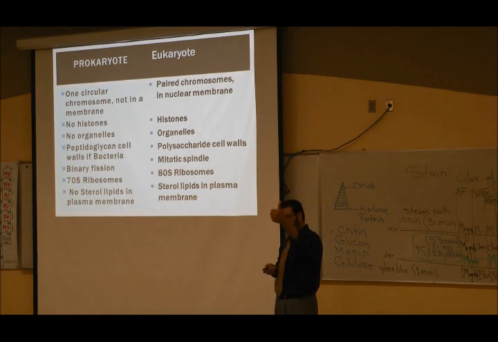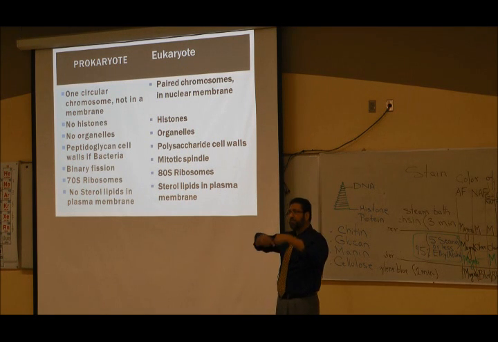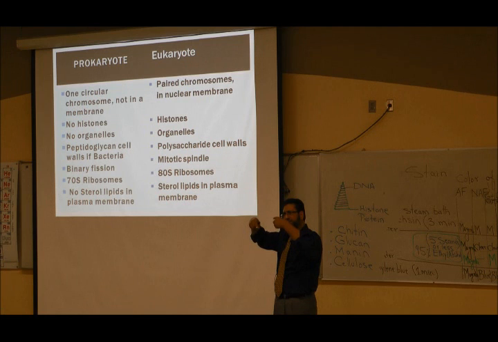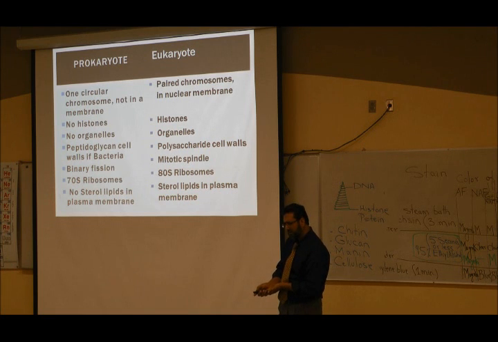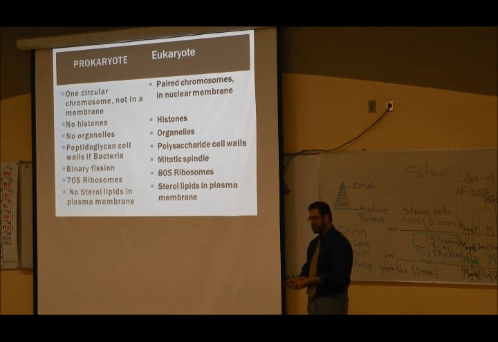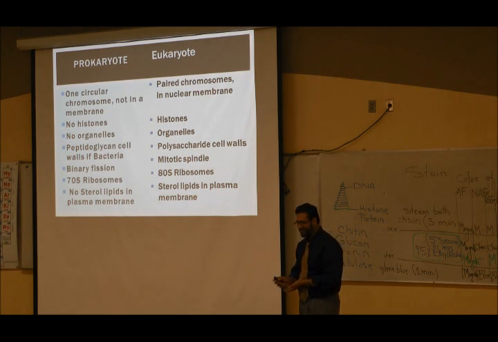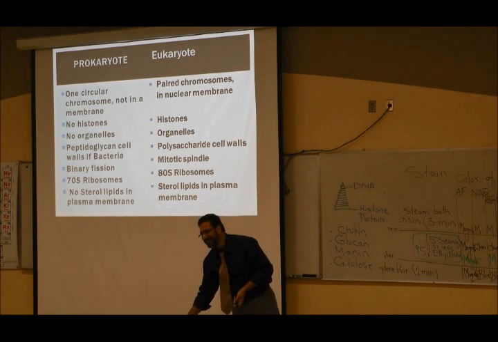DNA or nuclear material. Number 2, cytoplasm. And number 3, cytoplasmic membrane or cell membrane or plasma membrane. Same thing, different names. Professor Khan, Mr. Khan, Master Khan, same thing.